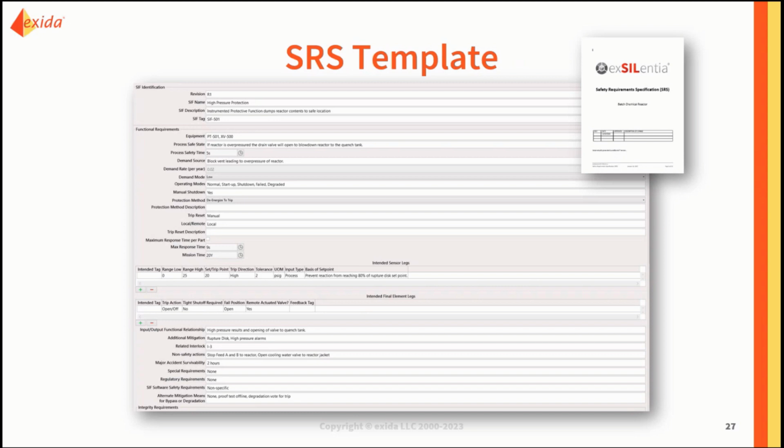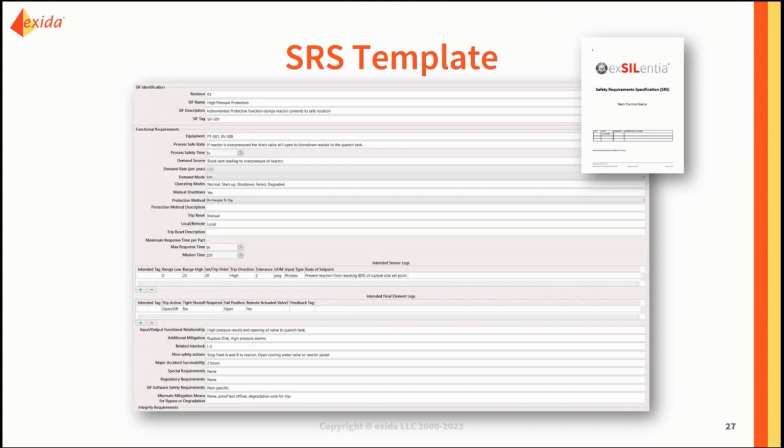They need to meet or exceed these parameters in order to reach that target SIL with their achieved SIL or achieved RRF. So this is going to generate a nice consistent report that can be used to communicate these requirements out. It's also going to be at your fingertips if you're using exSILentia for the team that is designing the SIF and SIL verification.